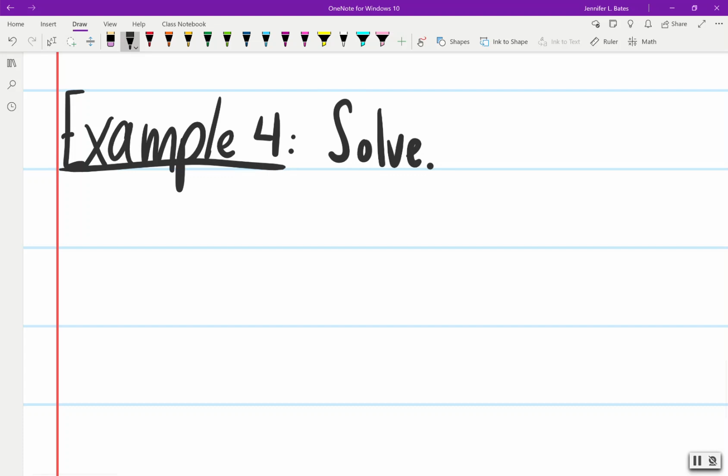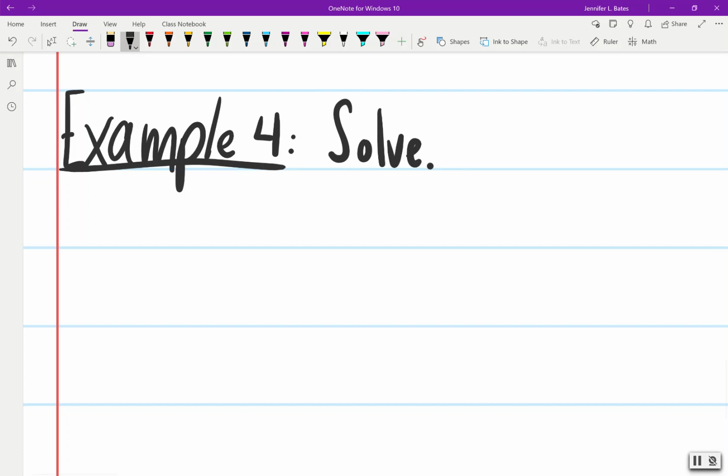In example 4, we're going to look at solving exponential equations. In example 5, we're going to look at solving logarithmic equations with base e. So we're going to do the exponentials first, and then we're going to do the logs.